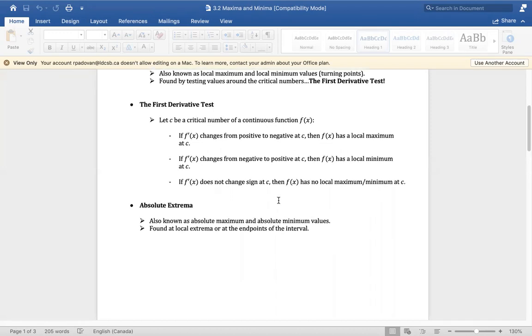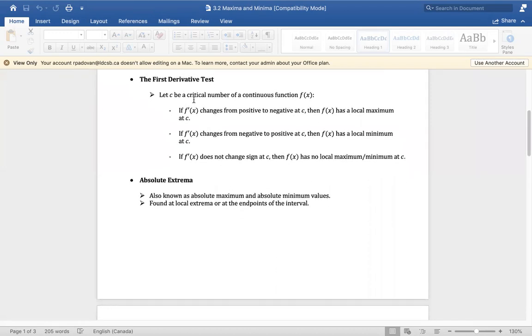So what is the first derivative test? Let c be the critical number that we found, and we're just saying that we're on a continuous function here, f of x. If the derivative changes from positive to negative at that critical value, then the function would have a local maximum at c. Let's follow this through here.